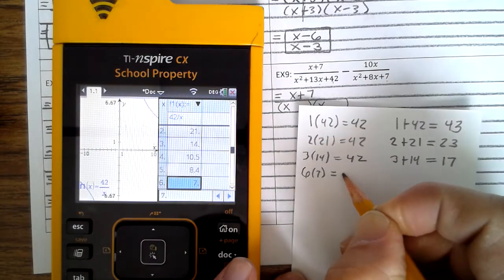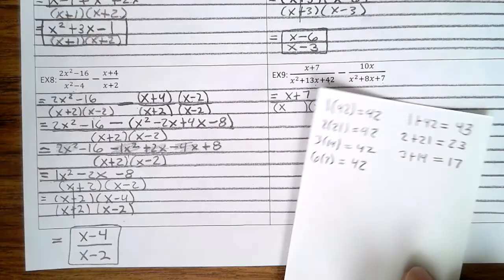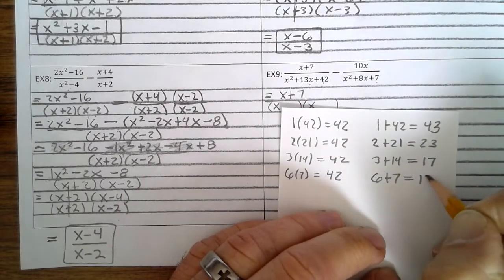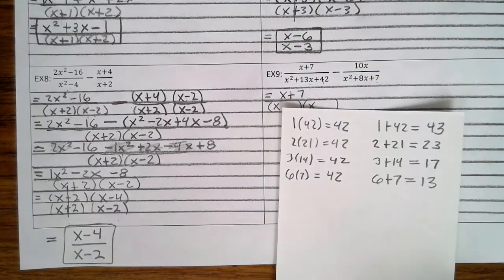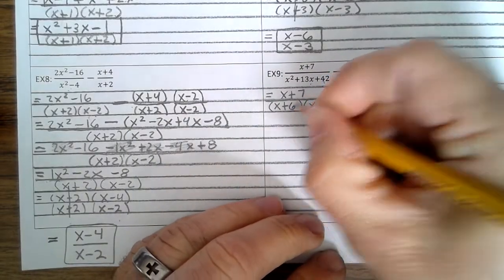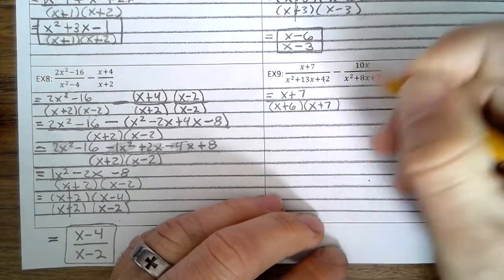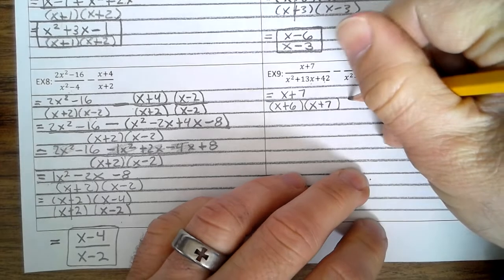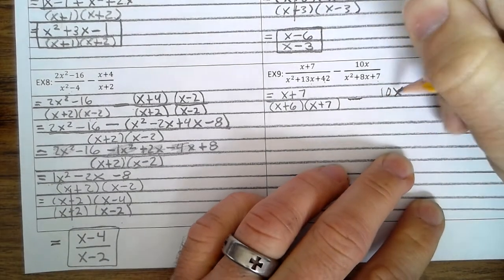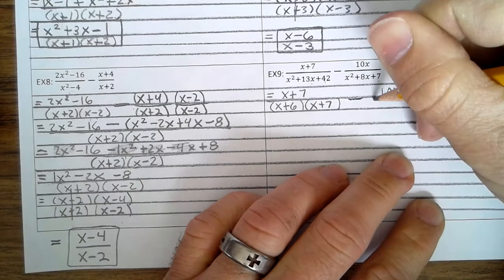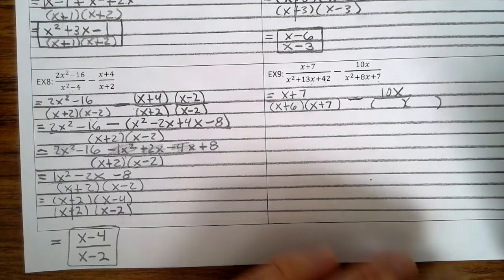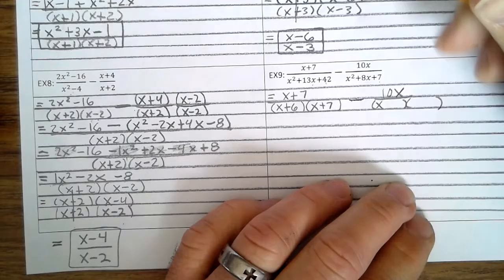So x plus 6, x plus 7 minus 10x divided by, and again, 2 parentheses. So x, and actually I need to leave room because in essence you're going to have to multiply this by something.